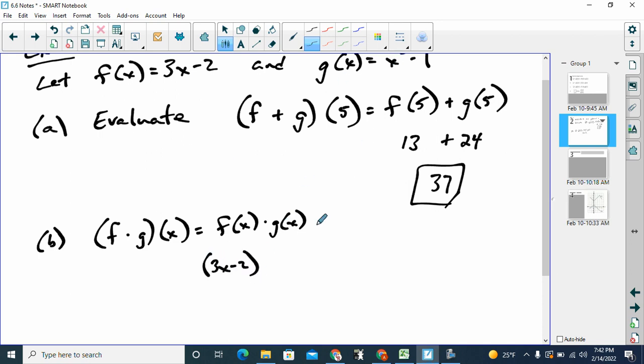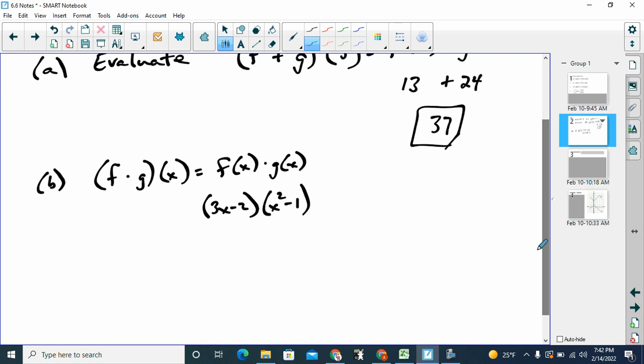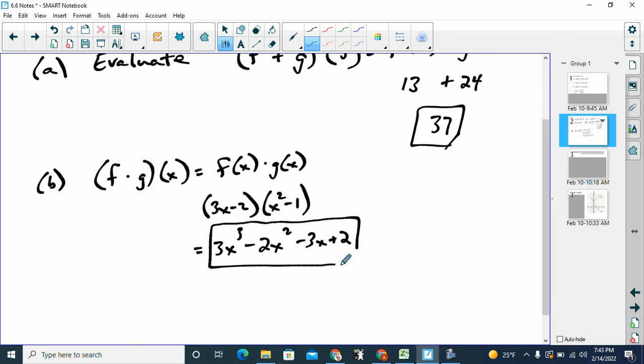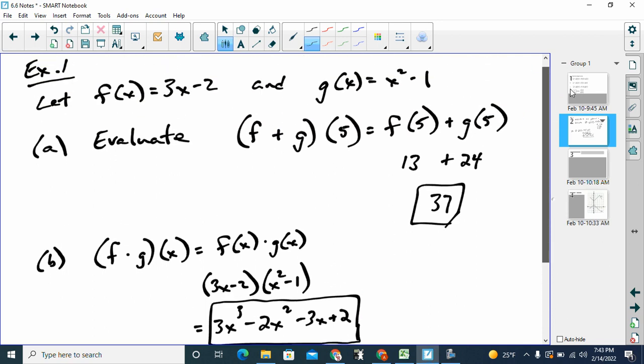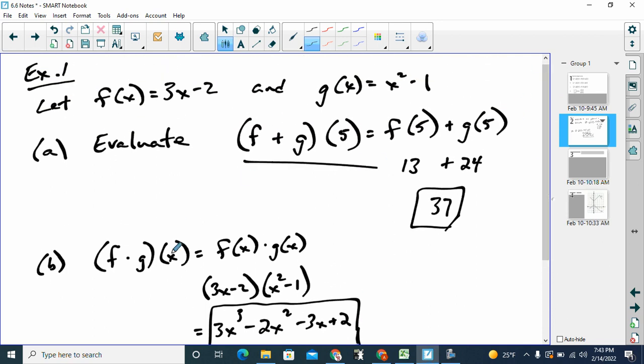And g of x is equal to x squared minus 1. And I have a binomial times a binomial, so we should be able to FOIL and expand here. So I've got 3x cubed minus 2x squared minus 3x plus 2. Easy enough. Nothing new, nothing really major outside of this notation written like that.